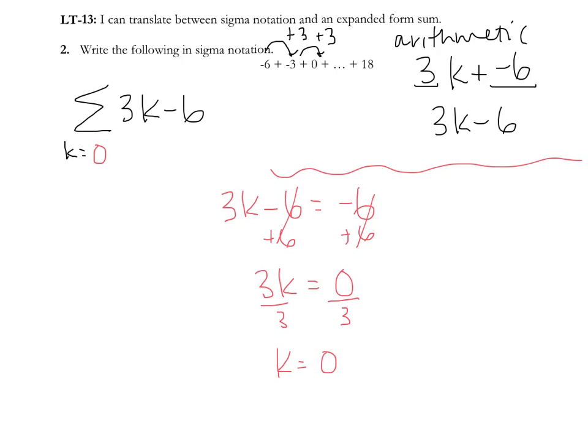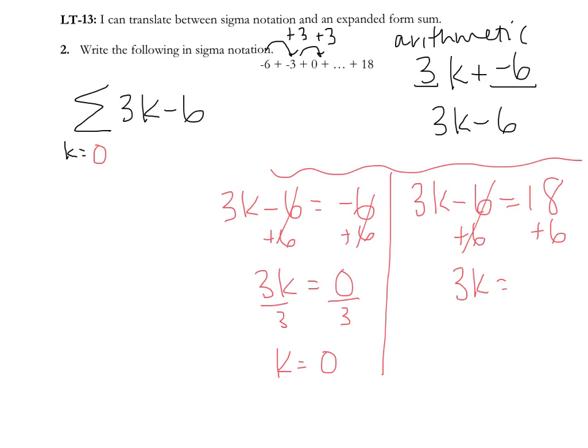So once again, we're going to solve an equation. We're going to write 3k minus 6 is equal to 18, and we're going to find the value of k that we could plug in that would make 3k minus 6 be equal to 18. So to solve this equation for k, we're trying to get k by itself. So the first thing we'll do is add 6 to both sides. On the left-hand side, we're left with 3k.